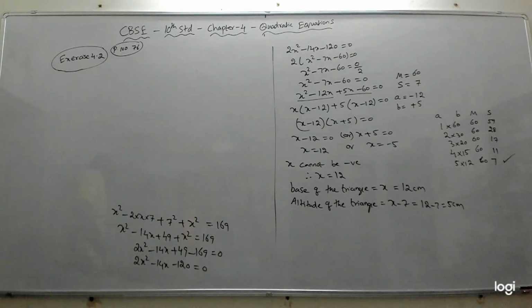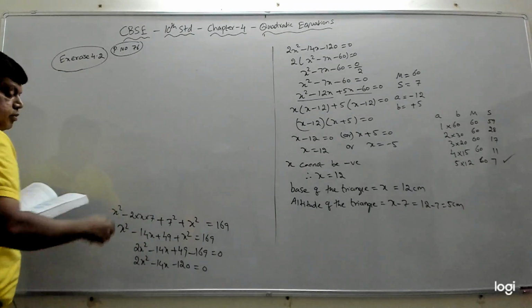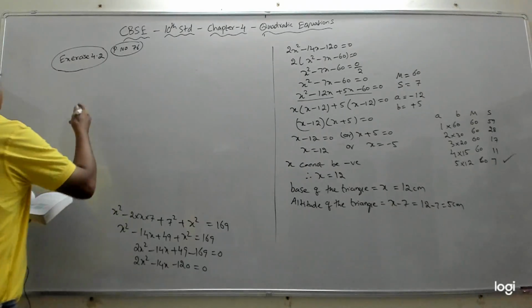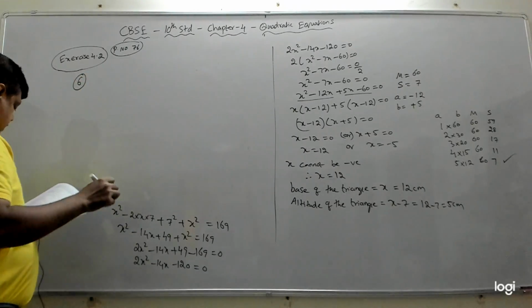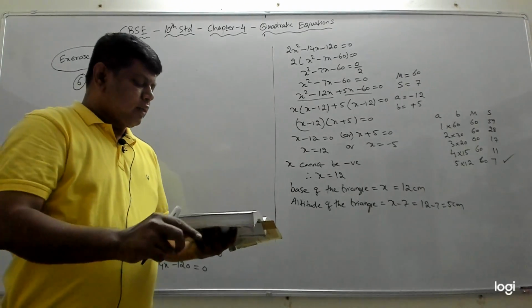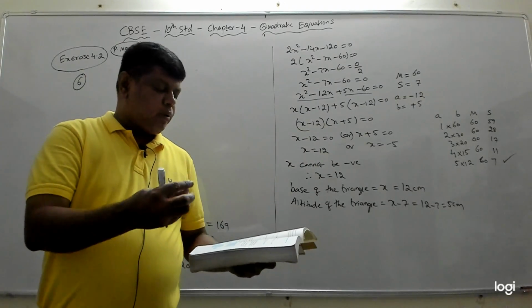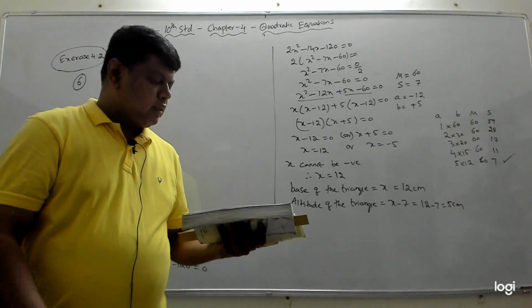Fine. So now the sixth problem, I'm reading the sixth problem in exercise 4.2. It says that a cottage industry produces a certain number of pottery articles in a day.